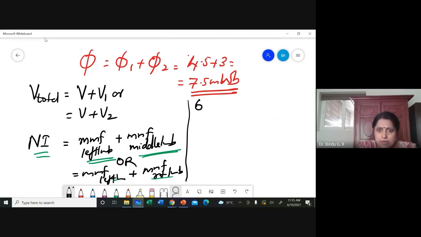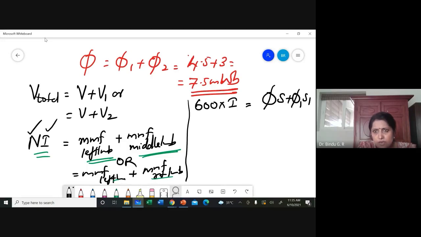So 600 into I is equal to Phi S plus Phi1 S1 or Phi S plus Phi2 S2.